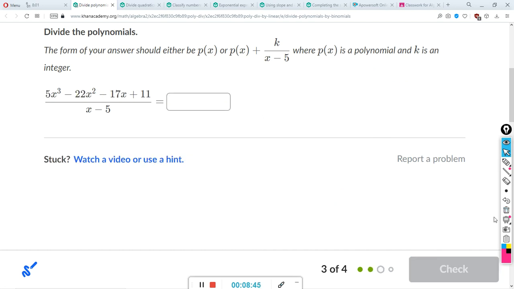All right, last one. We have x minus 5 and we have 5x to the third minus 22x squared minus 17x plus 11.